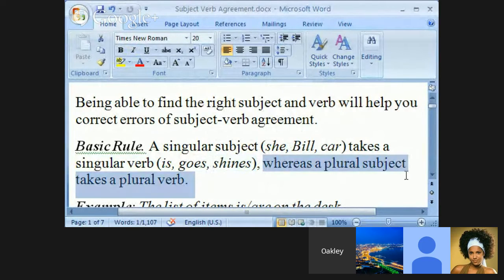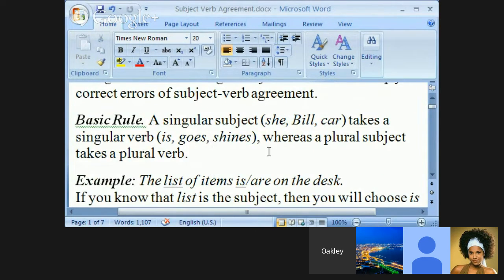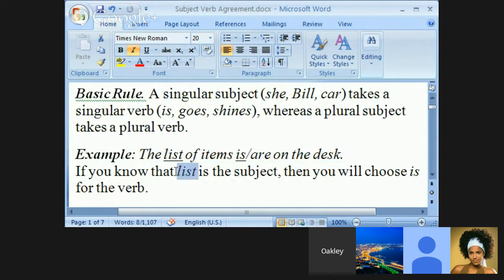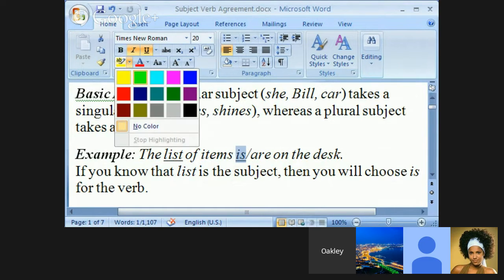Okay, whereas a plural subject takes a plural verb. For example, the list of items, well, Carvalho, should it be is or are? Are. The list of items are on the desk? Yes. Well, actually, no. If you know that the list is the subject, then you will choose is as the verb. Actually, the correct answer is is.